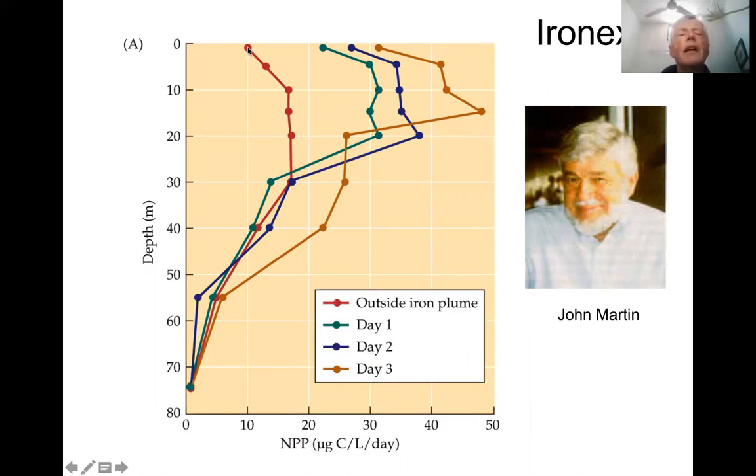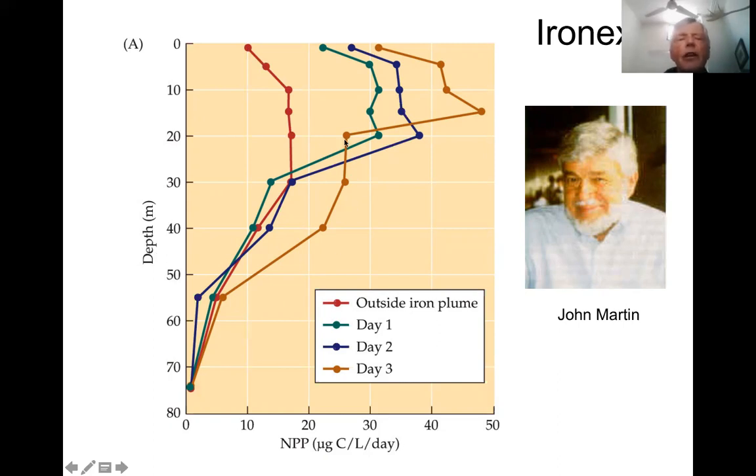All right. And then what he did was he measured the net primary production, the amount of carbon that was fixed per amount of water per time. He measured that as a function of depth, starting from very deep water right up to the surface, on day 1, day 2, and day 3 after he put the iron in, compared to a control, which is the red one here, that was outside this iron plume.